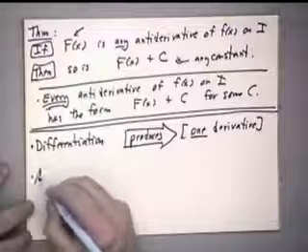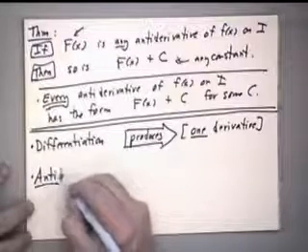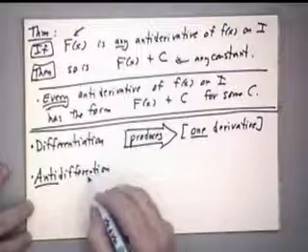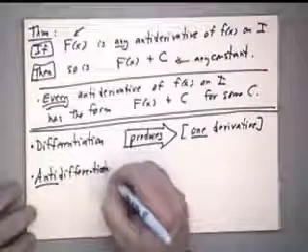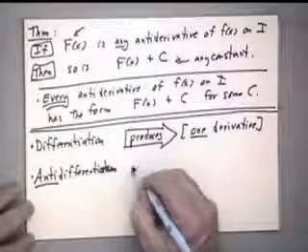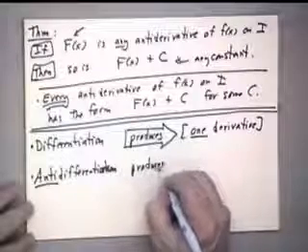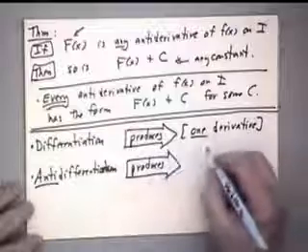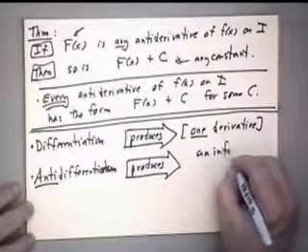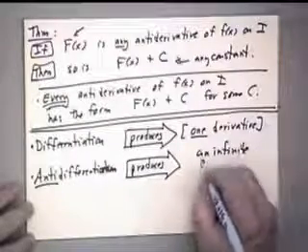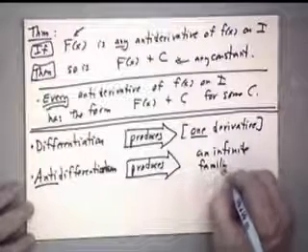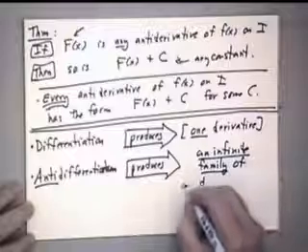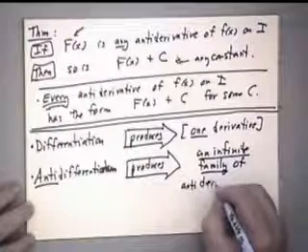On the other hand, what we're doing now, anti-differentiation, the backwards direction, produces not just one, but an infinite number. And what we do is we call that an infinite family. So it's an infinite family of antiderivatives.